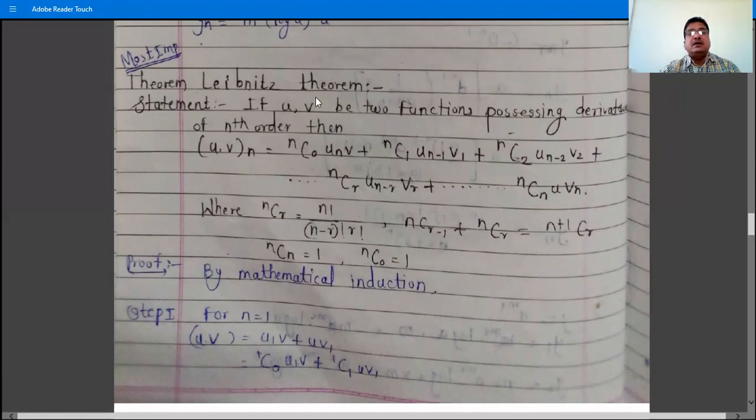So the next theorem is Leibniz's theorem, and this is important.